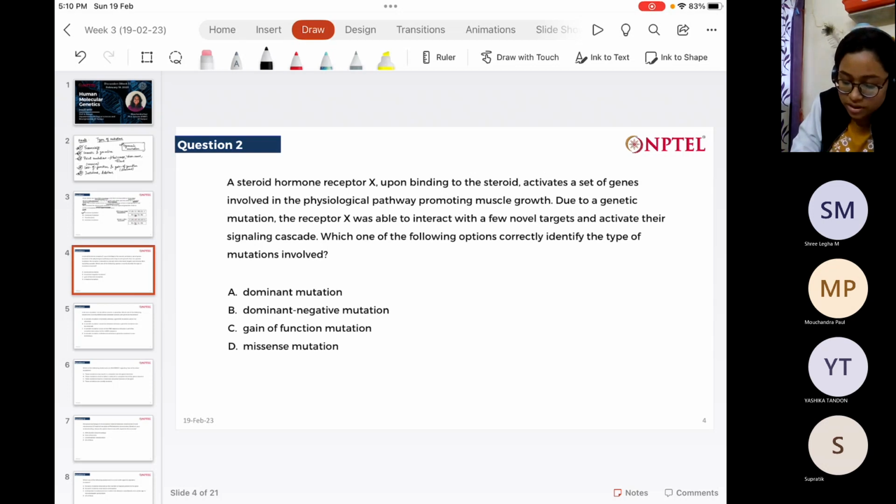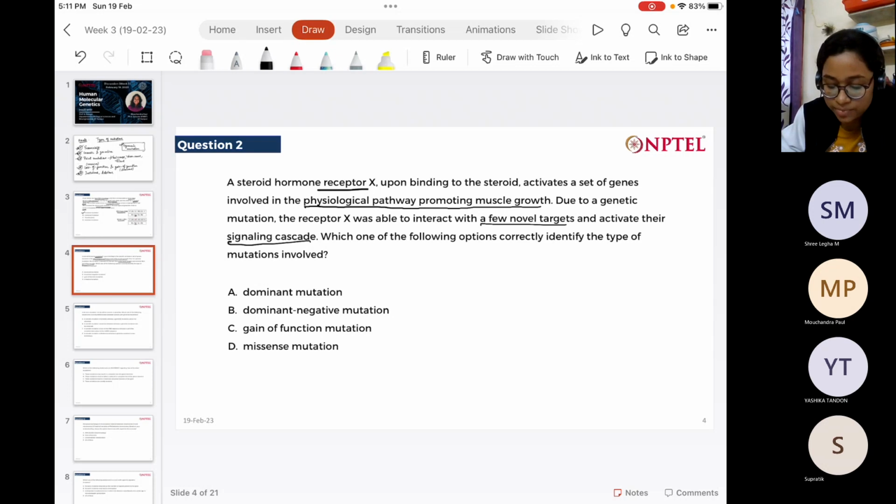steroid hormone receptor. This receptor is called X. Upon binding to steroid, it activates a set of genes that are involved in a physiological pathway promoting muscle growth. Now, due to genetic mutation, the receptor X was able to interact with a few novel targets and activate their signaling cascade.